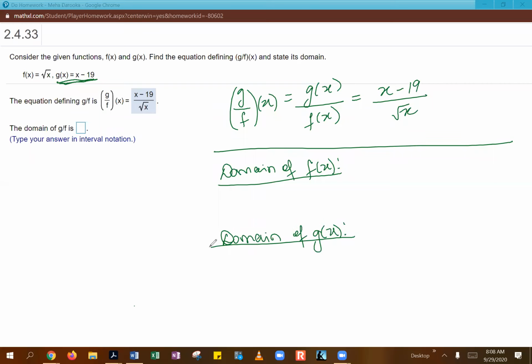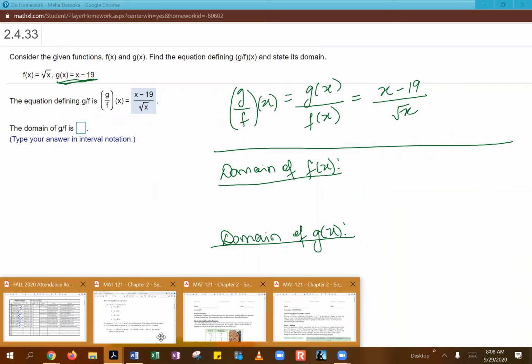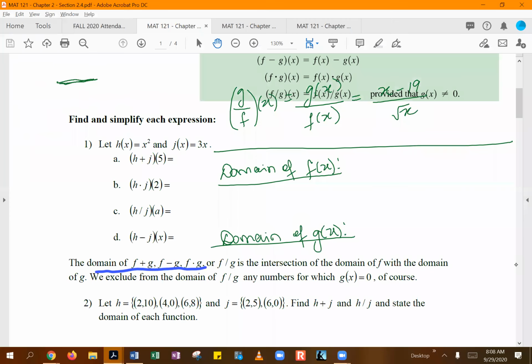And again, if you remember from our handout over here, we had talked about this. Whenever we are looking at these functions with the addition, subtraction, multiplication, division, we talk about those domains being the intersection of the domain of each individual function, f and g.